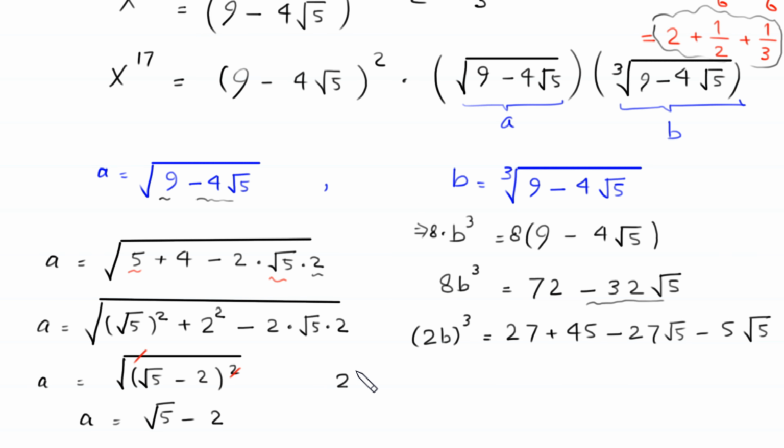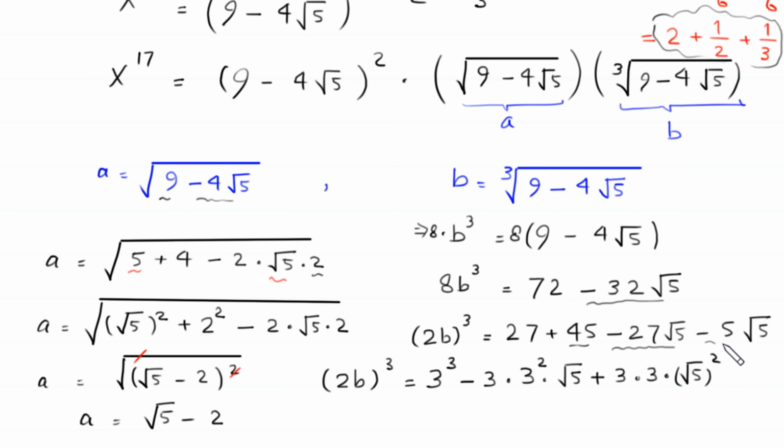Next, 2 times b whole cubed is equal to, this 27 is same as 3 cubed, and this negative 27 times root 5 is same as negative 3 times 3 squared times root 5, plus this 45 is same as 3 times 3 times root 5 squared. This negative 5 times root 5 is same as negative root 5 whole cubed.